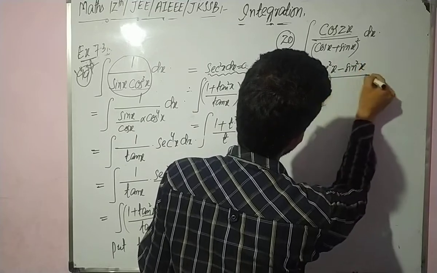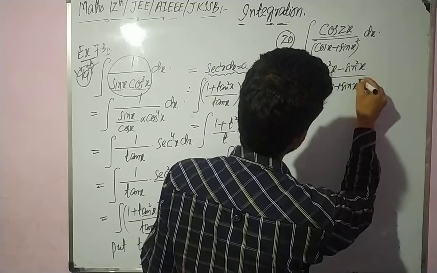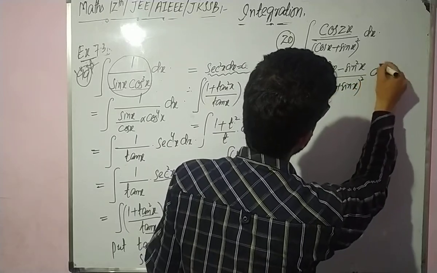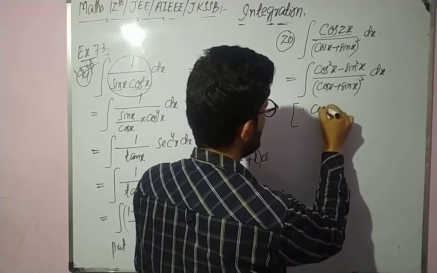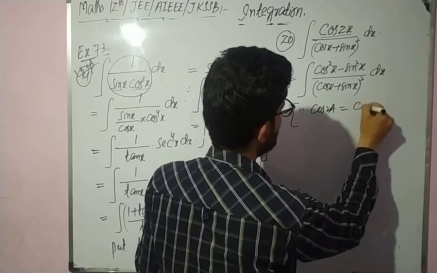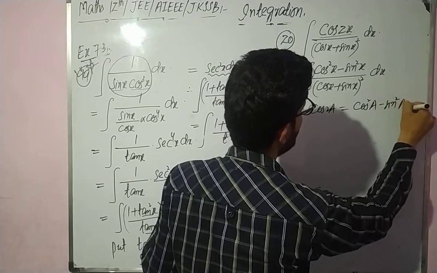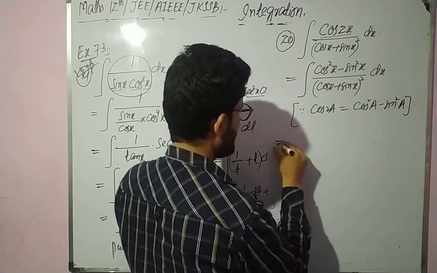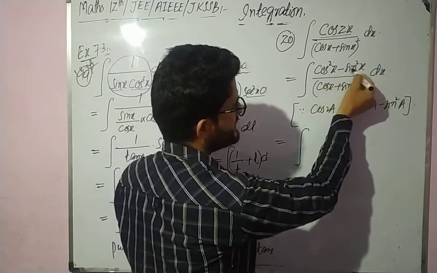square x divided by cos x plus sin x whole square into dx, because we have used a formula, and that is cos 2a, which is equal to cos square a minus sin square a, and that is further equal to integration of cos square x minus sin square x.